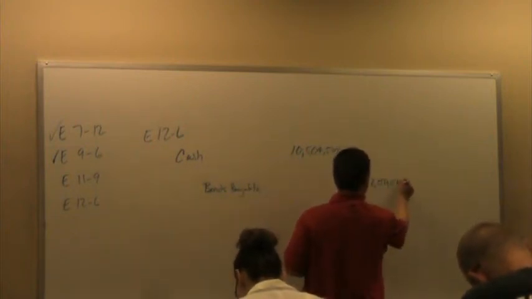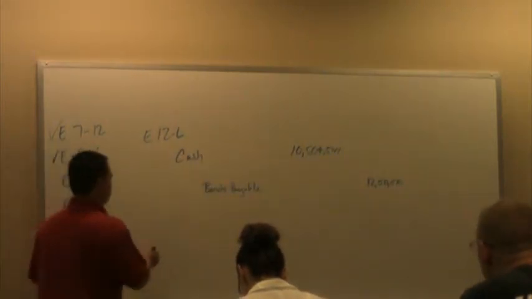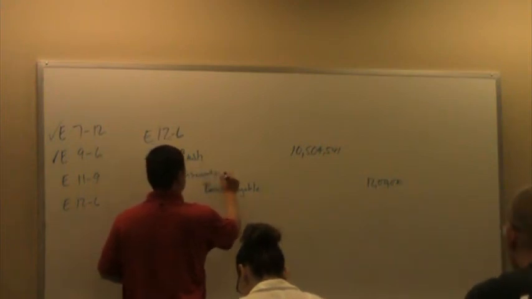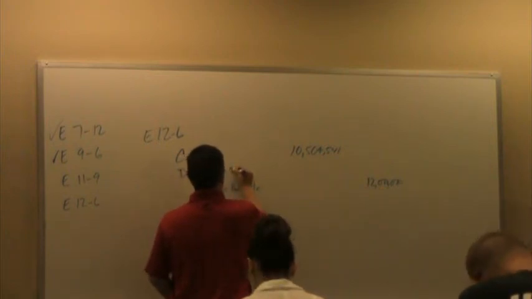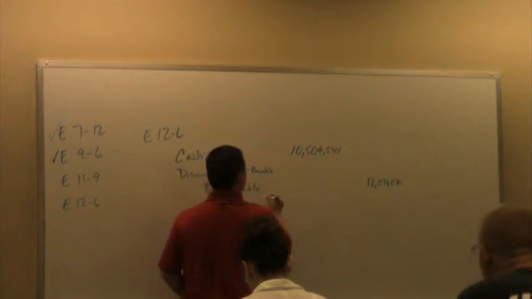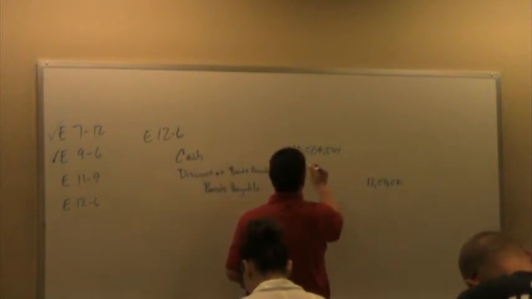That's what we're going to pay. Now we have a discount. And remember, this needs to balance, so I need to figure out what this is here. So, help me out.